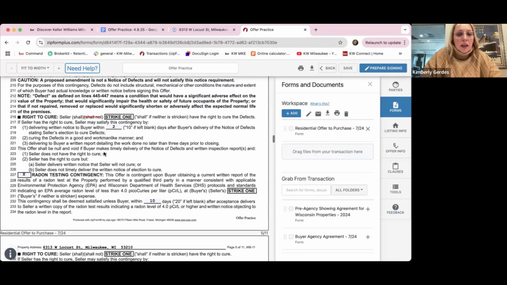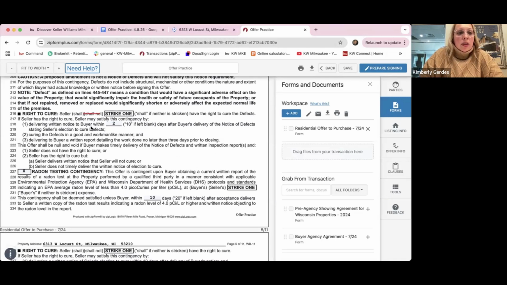Now, everything is nicely outlined here in terms of how a seller can satisfy the contingency. If we give the seller the right to cure the defect, and that is very common in today's market, in a seller's market, the seller has the right to cure and can satisfy the contingency by delivering a notice back to the buyer, and I've put within 2 days.